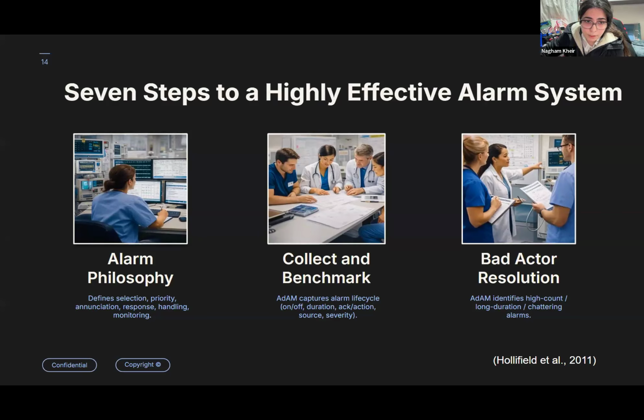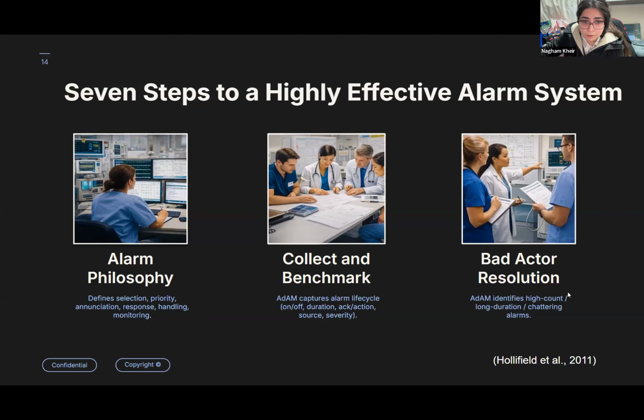Stage 1, develop, adopt, and maintain an alarm philosophy. In our case, we're adopting the alarm philosophy, and we're going to cover that soon in the next slides. Step 2, collect data and benchmark your systems. Step 3, perform bad actor alarm resolution. In our approach, ADaM is the software layer that manages the alarm lifecycle, and Krake is the edge annunciator that enforces the intent at the point of care.